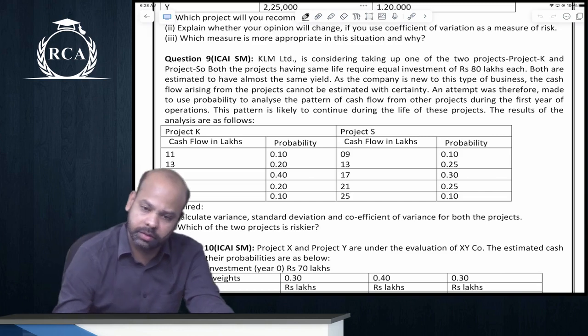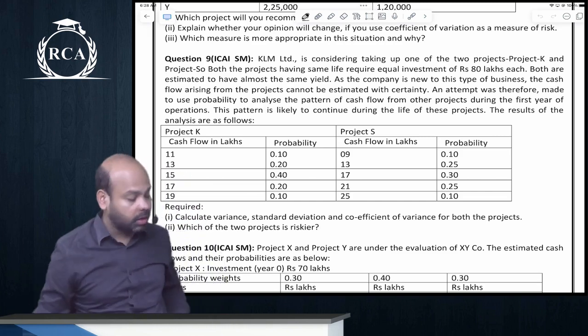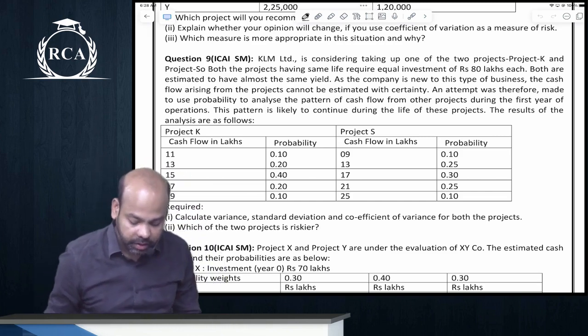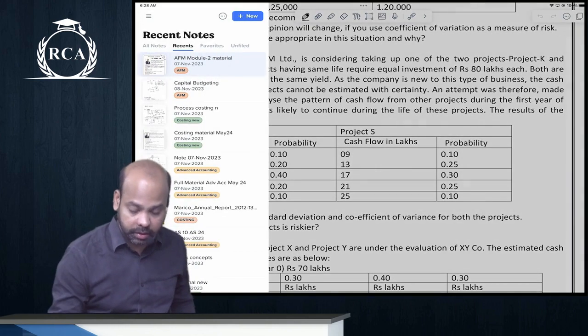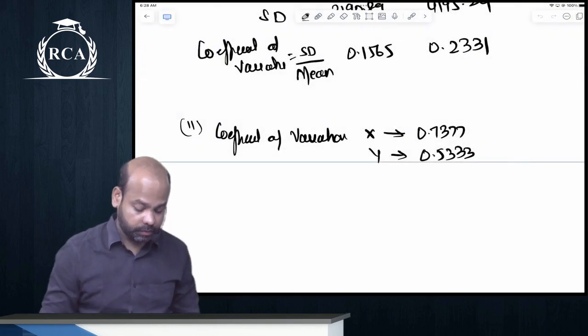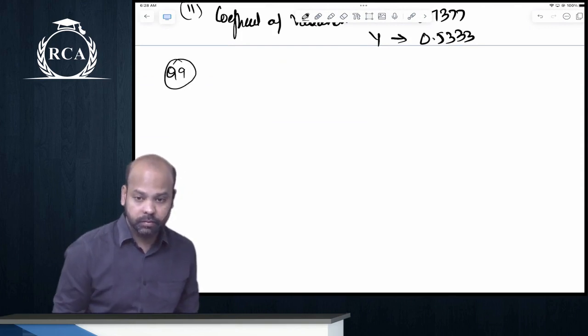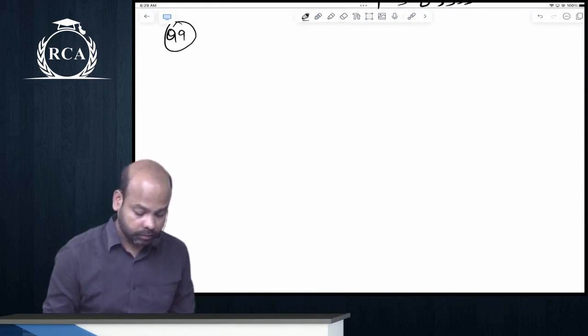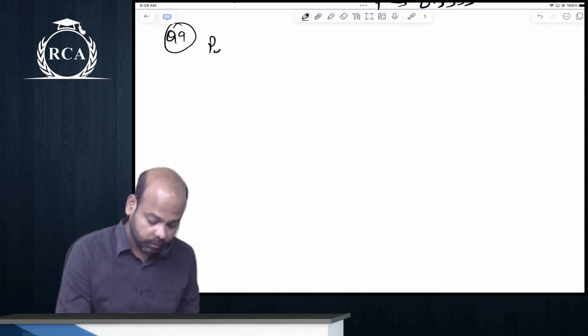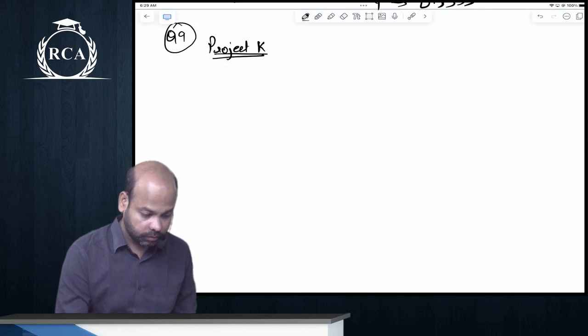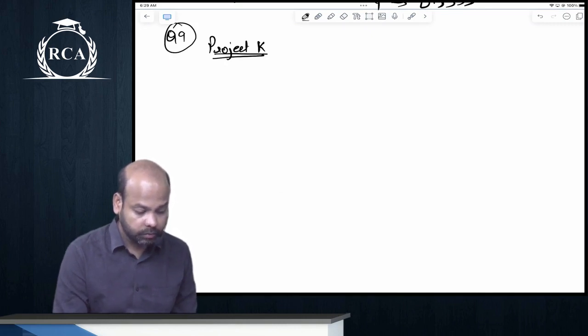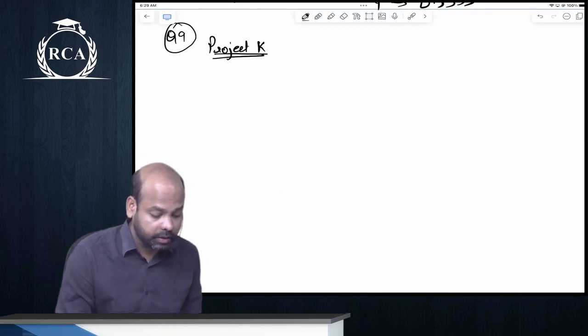Shall we start? Come on, guys, compute. Standard deviation, coefficient of variation, that is variation, beta, and variance. Guys, don't take the first one as minus 11, I think that's a mistake.